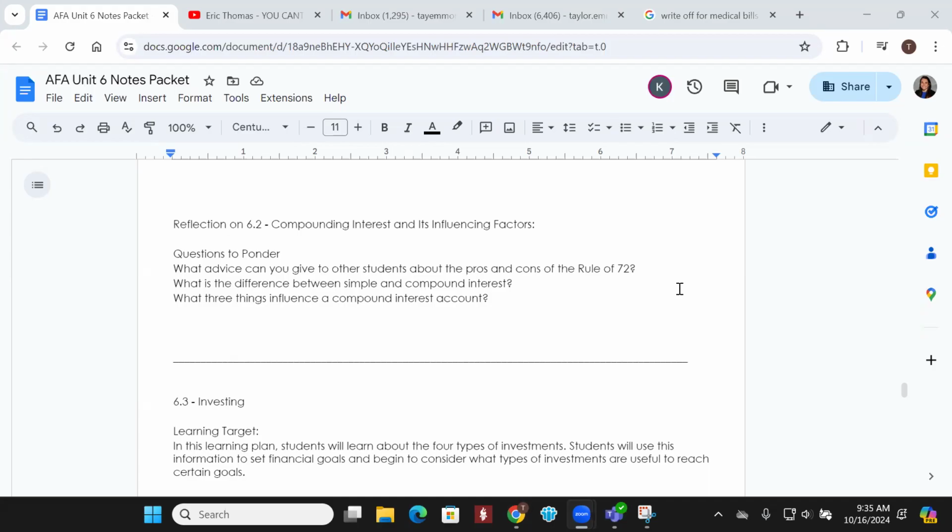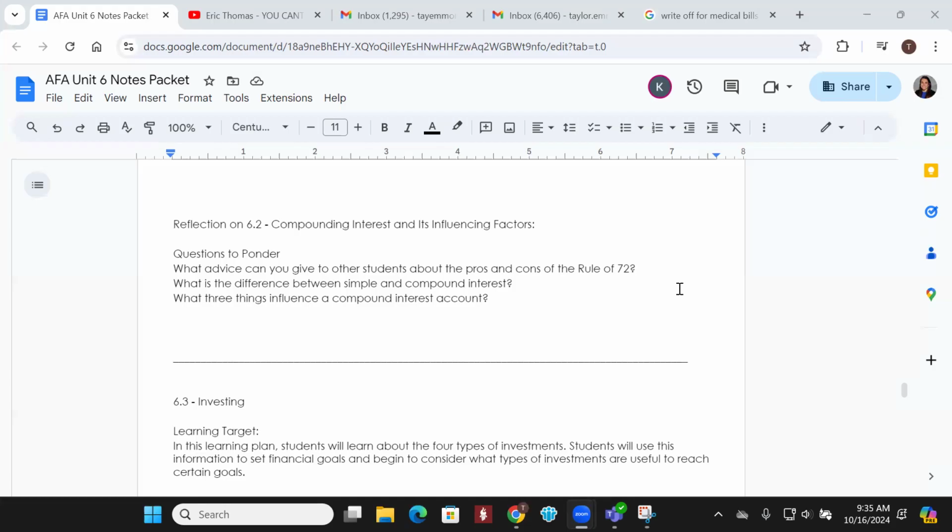So the higher the interest rate, what happens? Remember, the rule of 72 is talking about the number of years, right? So the higher the interest rate, the less amount of time it takes you to double, right?